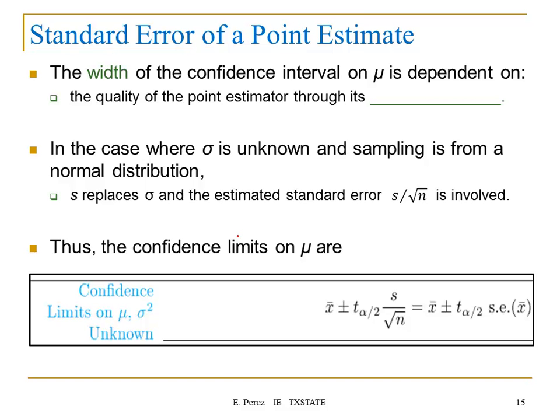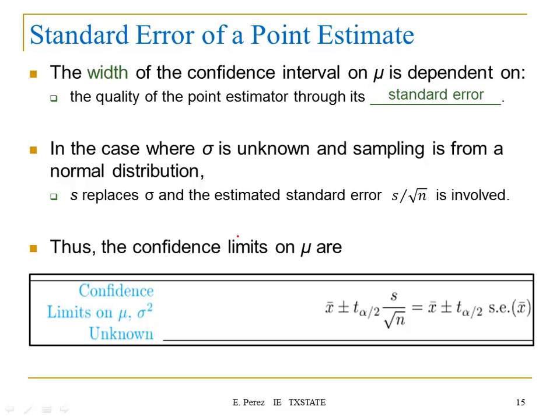Now, the width of the confidence interval for mu is dependent on the quality of the point estimator through its standard error. In the case where the standard deviation of the population is unknown and sampling is from a normal distribution, we can replace the population standard deviation with the sample standard deviation.